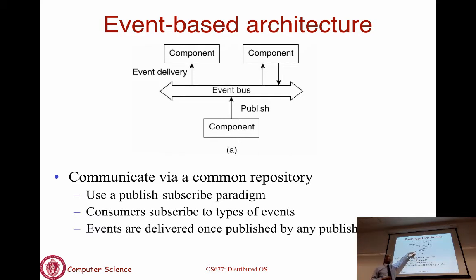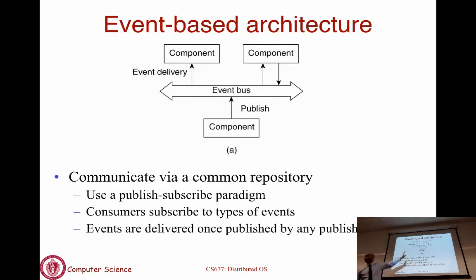This is an asynchronous model. You can have immediate delivery, or you can have things that are stored and delivered at a later time. All of those fall under this category. What is important is to understand the concept of an event and how the communication actually takes place. This kind of architecture is also referred to as a publish-subscribe architecture, or pub-sub architecture.